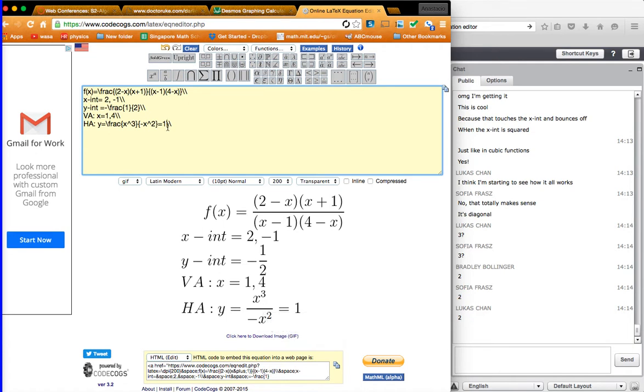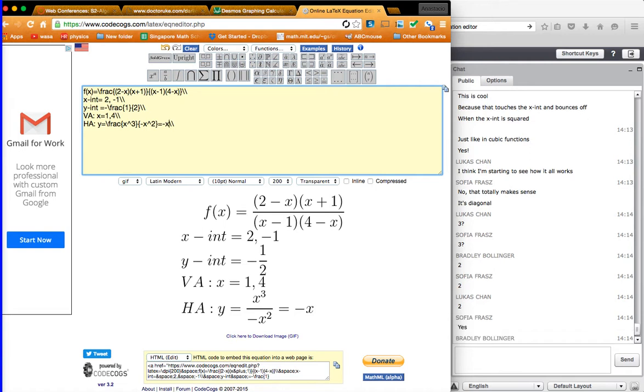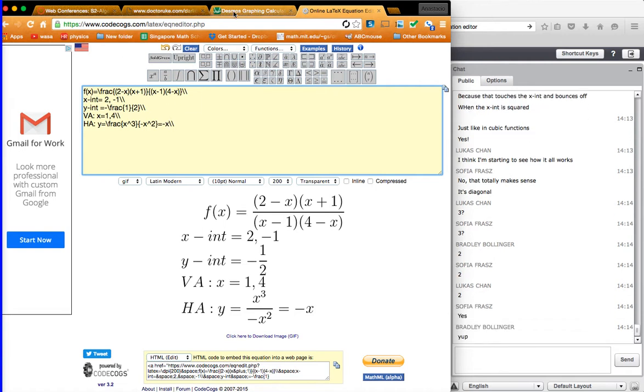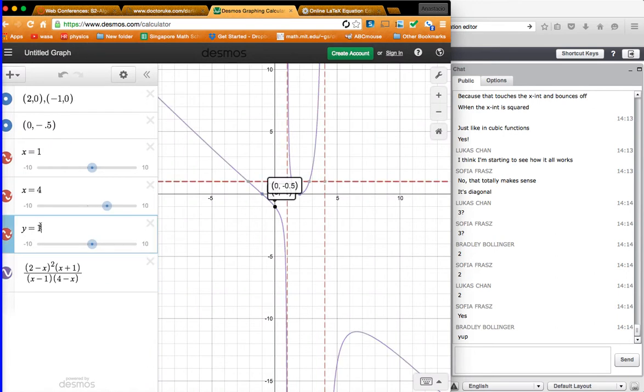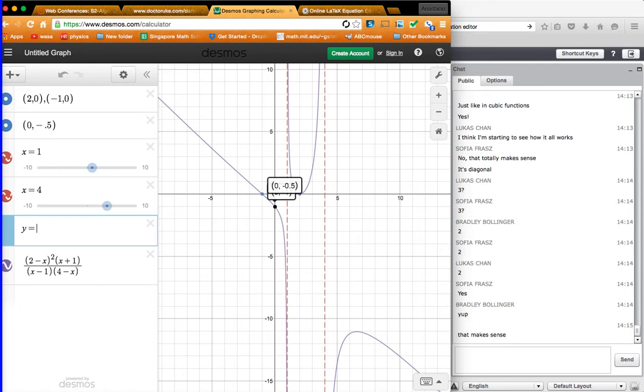That simplifies down to negative x. Would you agree? So my horizontal asymptote is negative x. Let me change this dotted line, instead of 1, I want to make it negative x. And watch what happens.